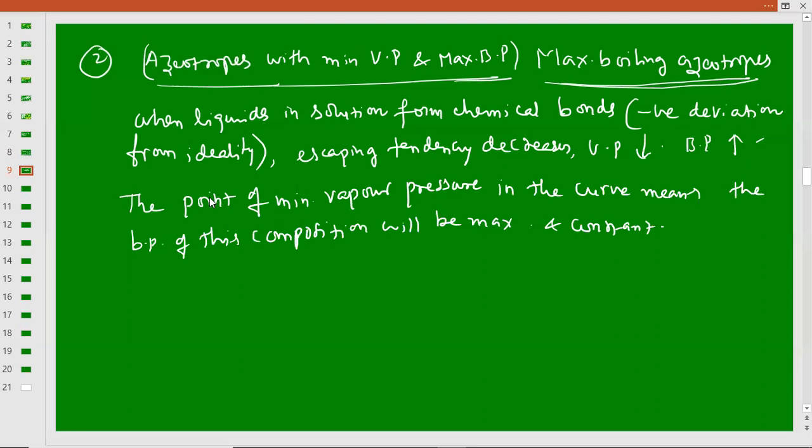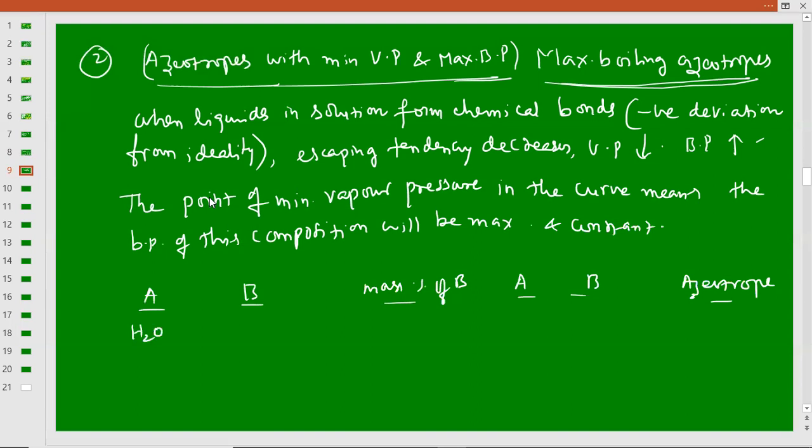We have some examples. If you take the components A and B, like earlier we discussed, the mass percentage of B, boiling point of A, boiling point of B and azeotrope are given experimentally.